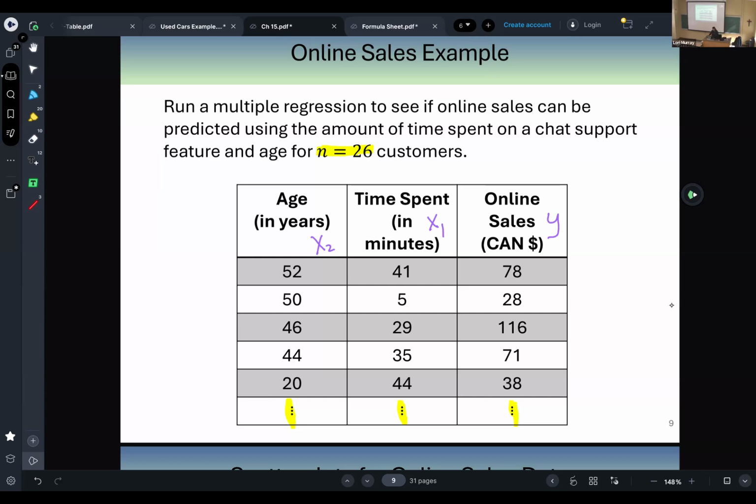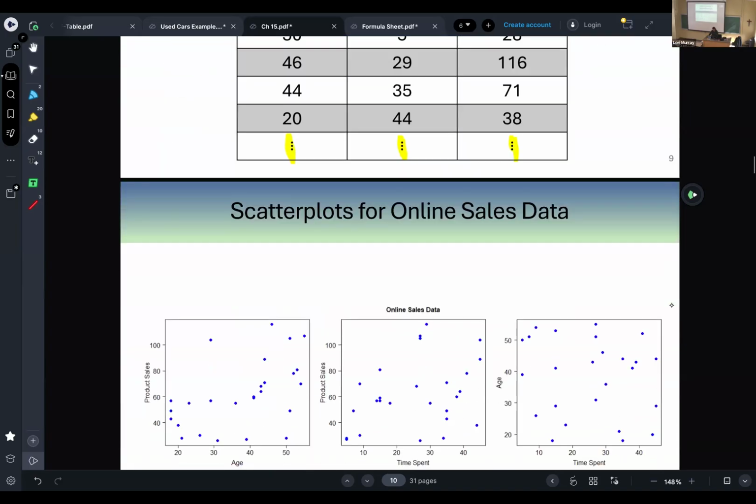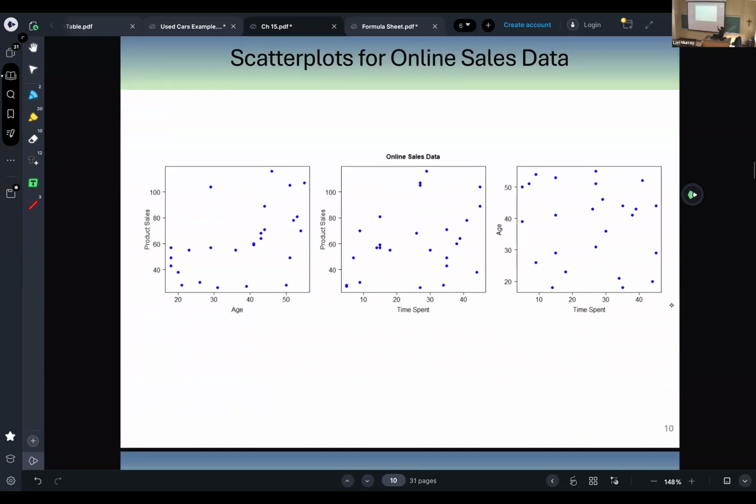And then we can just run a multiple linear regression. But here's what it looks like. You can see the relationship between age and sales, time spent and sales, and then age and time spent. So the plots don't tell us too much.